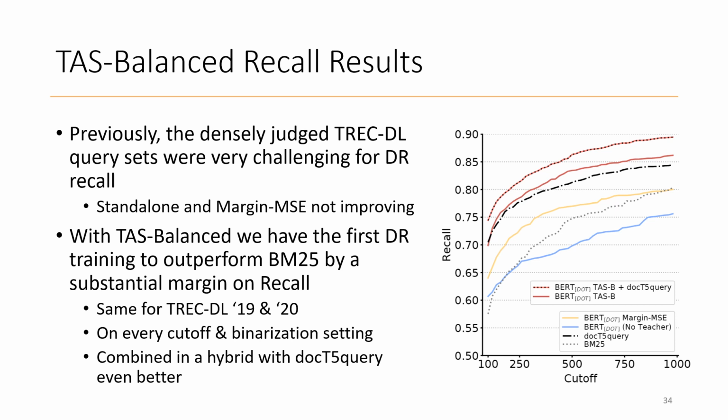And then when we combine in a hybrid fashion the results of TAS-Balanced and doc-to-query, we get even more of an improvement, showing that the sparse and the dense retrieval still benefit from each other. And we observe this at every cutoff and every binarization point of the TREC Deep Learning collection.